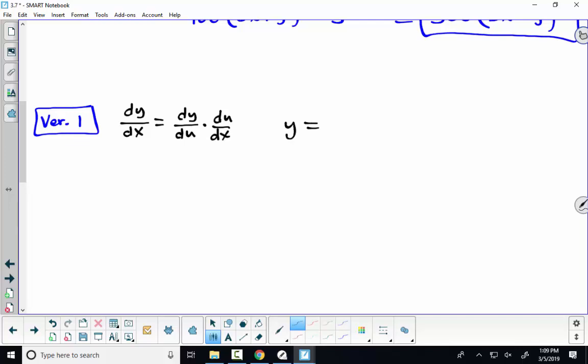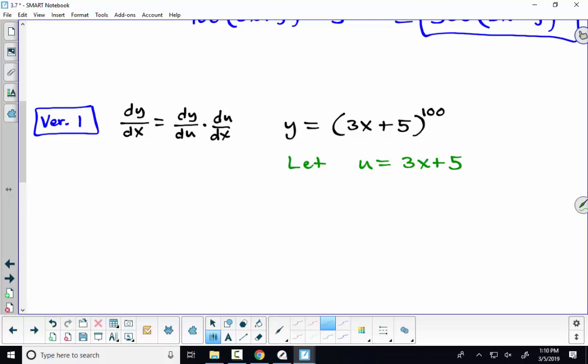So our y with respect to x, 3x plus 5 to the 100th, involves a substitution. The substitution was let u equal to g of x, but more operationally, we let u equal to the inside function or the inner function. So our substitution, we have to say let u equal to 3x plus 5, because that's our inside or inner function.